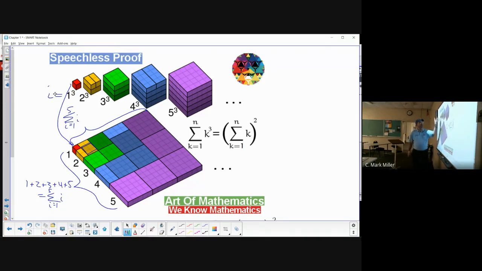Because all these cubes put together got flattened out into that. So the sum of the cubes equals the sum of the numbers squared. That's a geometric interpretation. That's not on the test. Don't worry about it. You didn't understand it.